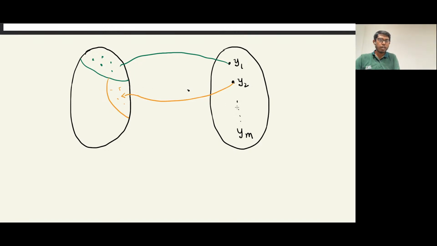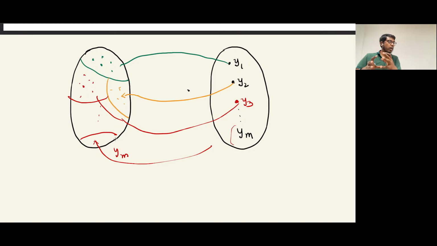Similarly, y3 has some pre-images, and likewise ym.